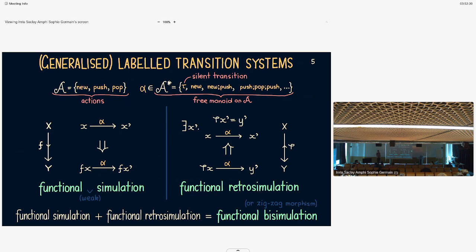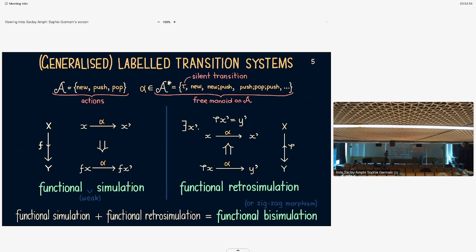So in the setting of labeled transition systems with one of these silent transitions, we have a notion of weak simulation. The weak is referring to the fact that we're interested in treating silent transitions as internal, as in you can't observe them externally.